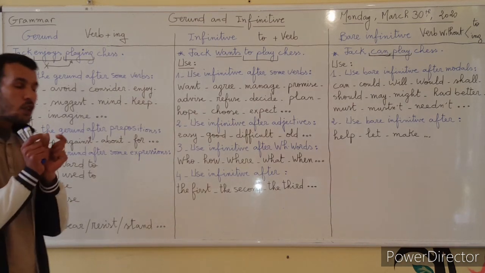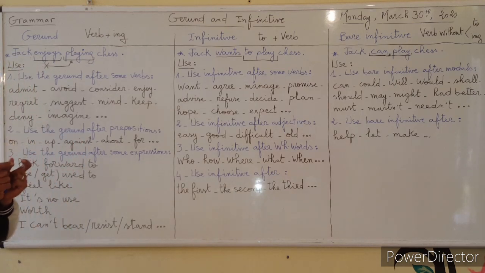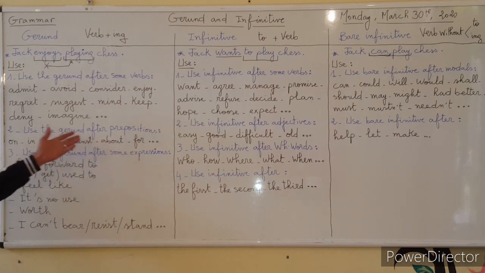A preposition is the short or small element that is not an adverb, not an adjective, not a verb, not a noun. It's like on, in, at, for, about, against, with, without, under, up, down, etc. So all these are prepositions, and you have already seen prepositions with the phrasal verbs.